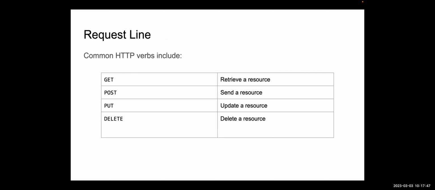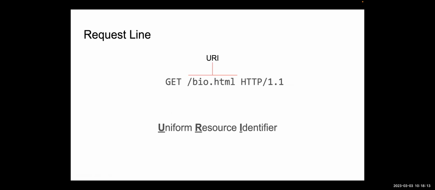So if we go back to this, get is not going to have a body because you're just requesting some information, but you don't need to send data to that server. Whereas post and put, you're typically sending something. So you want to send something to create a resource or send something to update. So that means that you will need to send data in the body.